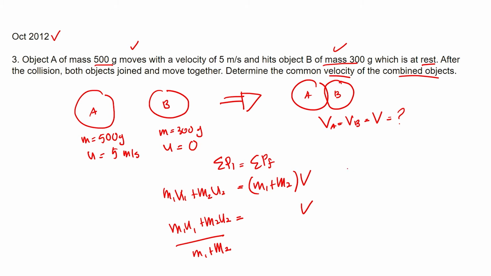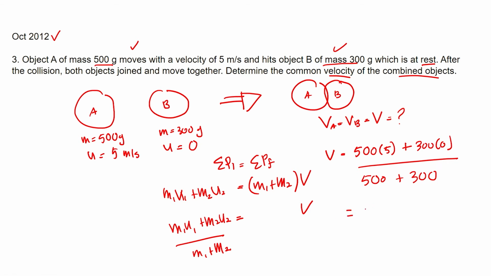If we substitute, V equals 500 gram for object A times its speed 5, plus M2 is 300 gram and the speed is 0, divided by 500 plus 300, and then you get the answer 3.125 meter per second.